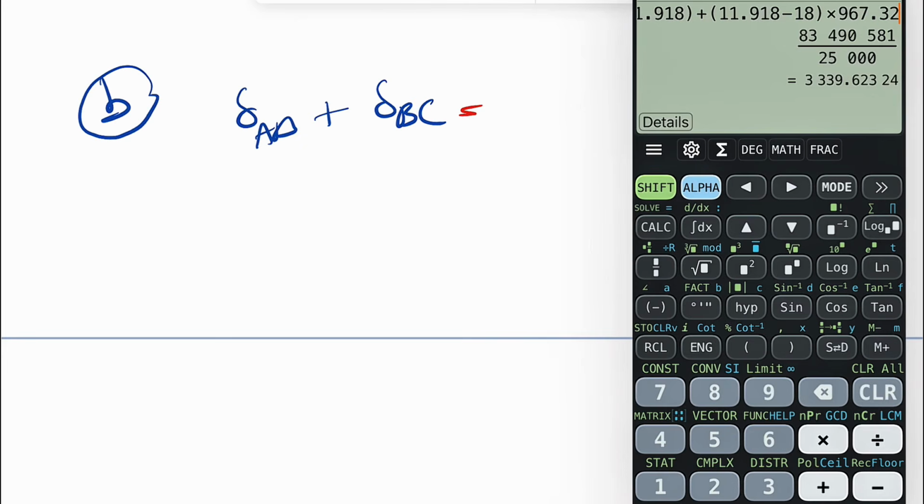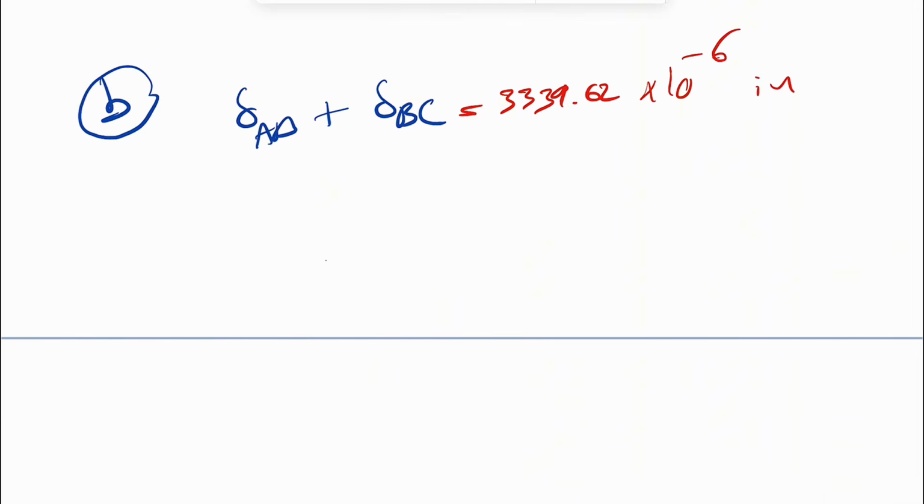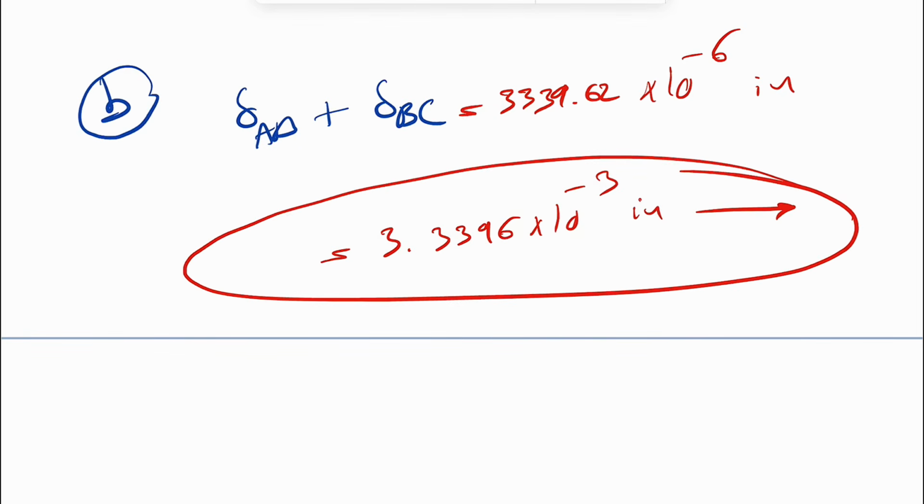So this value here would be 3339.62 times 10 to the minus 6 inches, or it can be written as 3.3396 times 10 to the minus 3 inches. And that shows that the point C is deflecting to the right this amount.